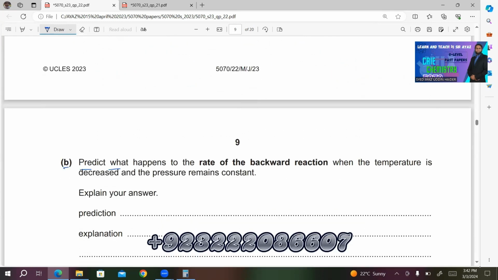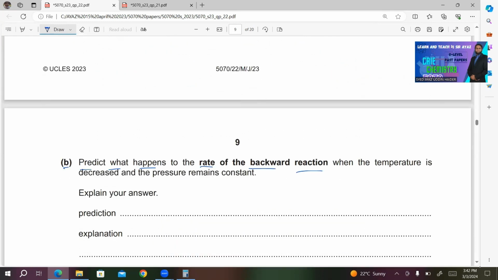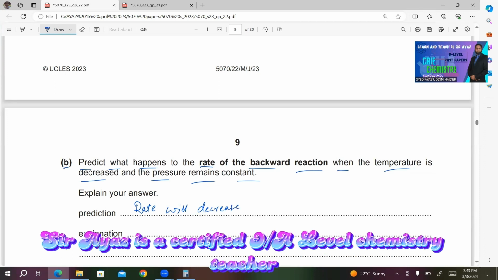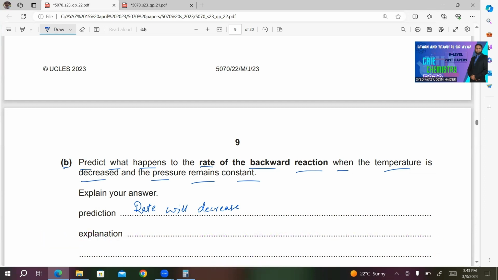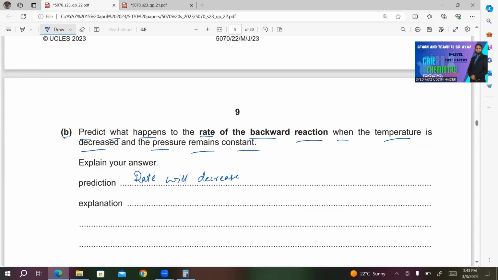B. Predict what happens to the rate of the backward reaction when the temperature is decreased and the pressure remains constant. Definitely rate will decrease. Why the rate decreases? Because the particles have less kinetic energy, or less number of particles having energy equal or more than activation energy.